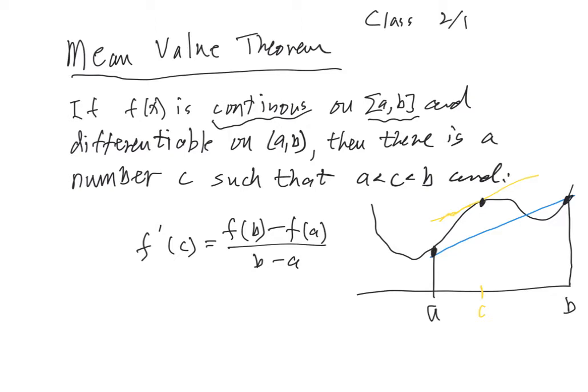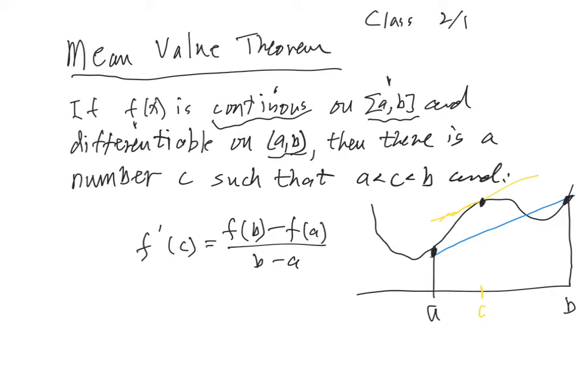Remember, that means the graph has no cusps or vertical tangents, and I'll give you an example of why the theorem might not work if that condition is not met. So we need continuous, we need a closed interval, and we need differentiable. It actually only needs to be differentiable on the open interval. That will be enough to guarantee the theorem.